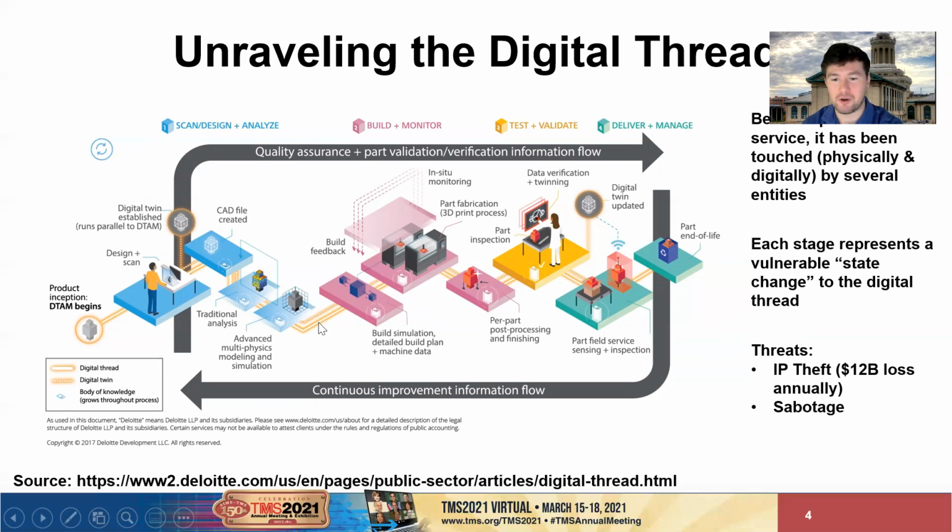And I want to focus on these different transition points, these interfaces between, for instance, the design stage and the build stage, because these state changes represent a vulnerability to our digital thread, where it could potentially be purely stolen.